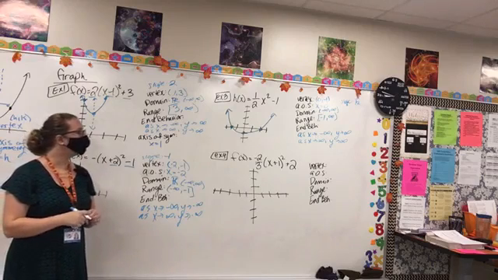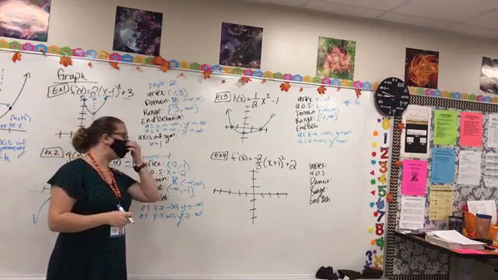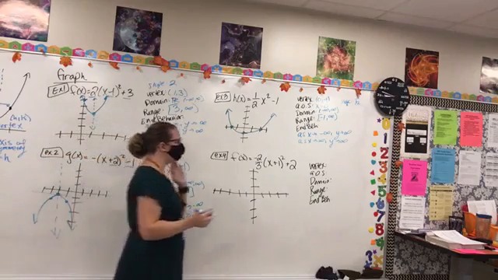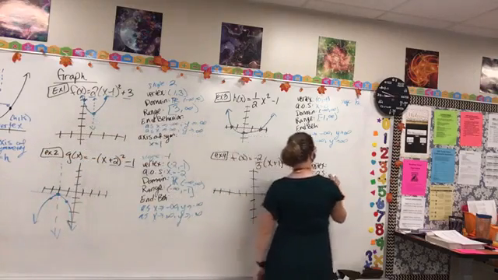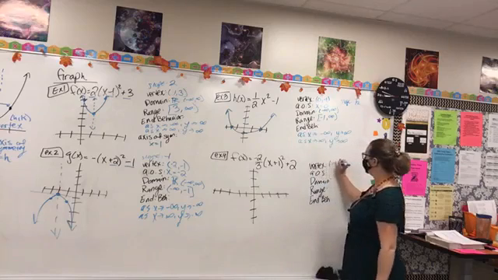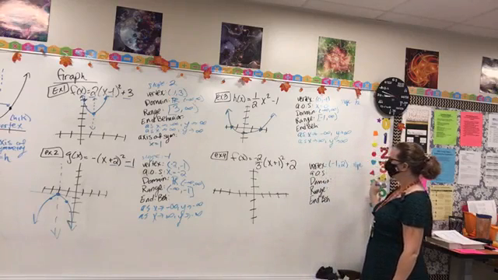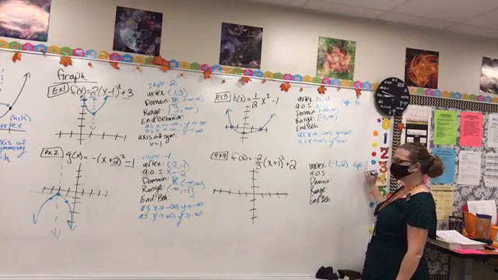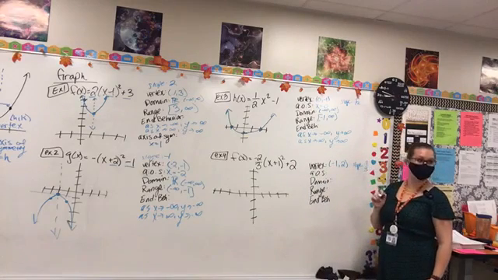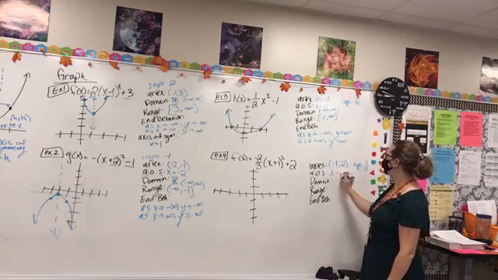All right, so for number 4, we're looking at a vertex of what? -1, 2 with a slope of negative 2/3, and an axis of symmetry of negative 1.